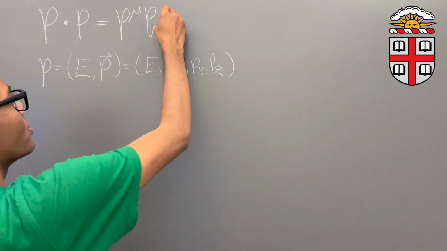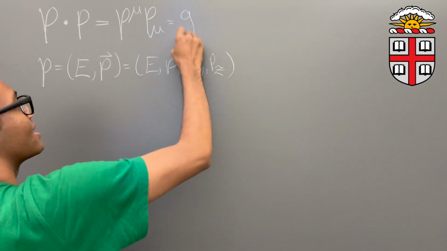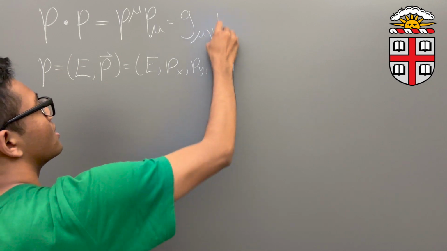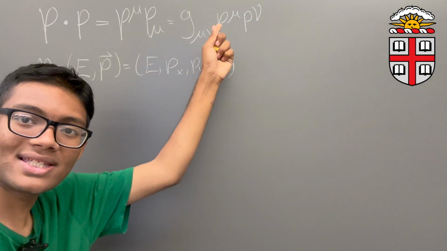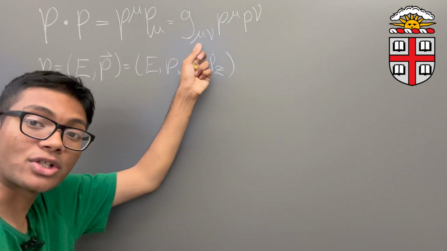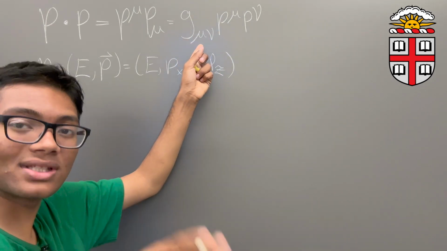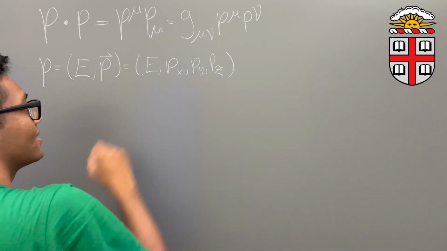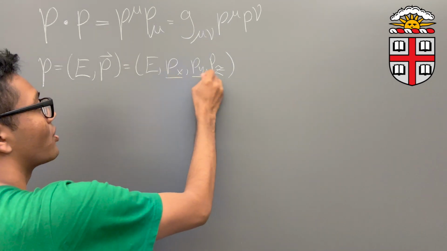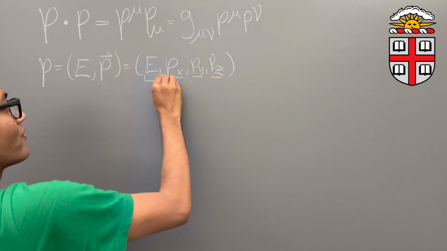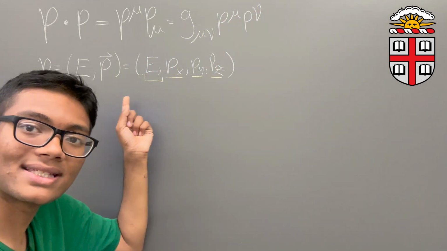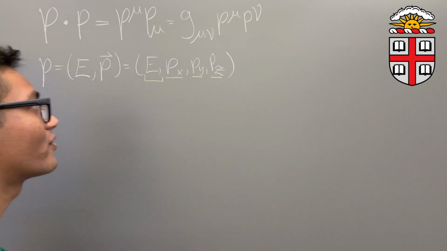So that's what we have. So what is this going to equal? Well, simply remember that this is g mu nu times p to the mu, p to the nu. Now, this right here is the space-time metric. It comes with a minus sign for all the spatial components, aka in this case, all of these components will come with a minus sign, but it comes with a positive sign for the temporal component, or in this case, the energy component, the first component.